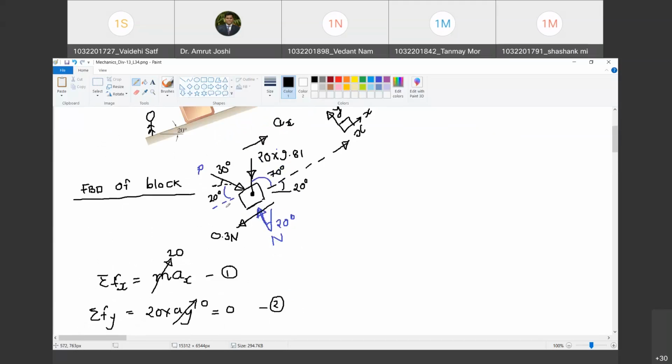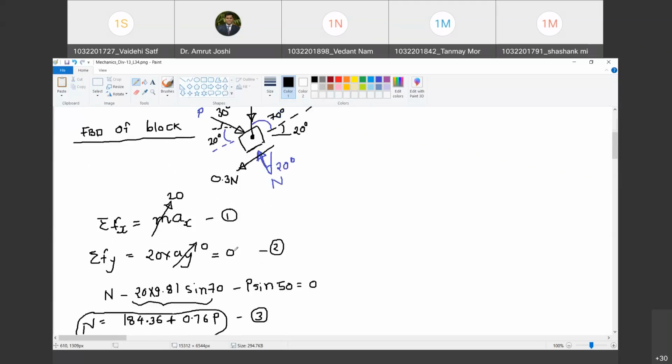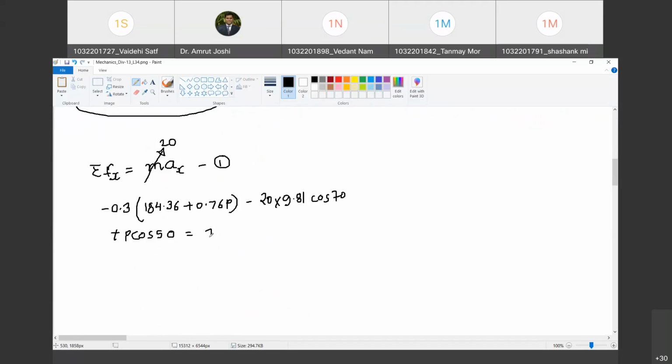And then this P is going to be P cos 50, upward, but positive, right? P cos 50. This must be equal to what? 20 AX. Let me call this as equation number 4.